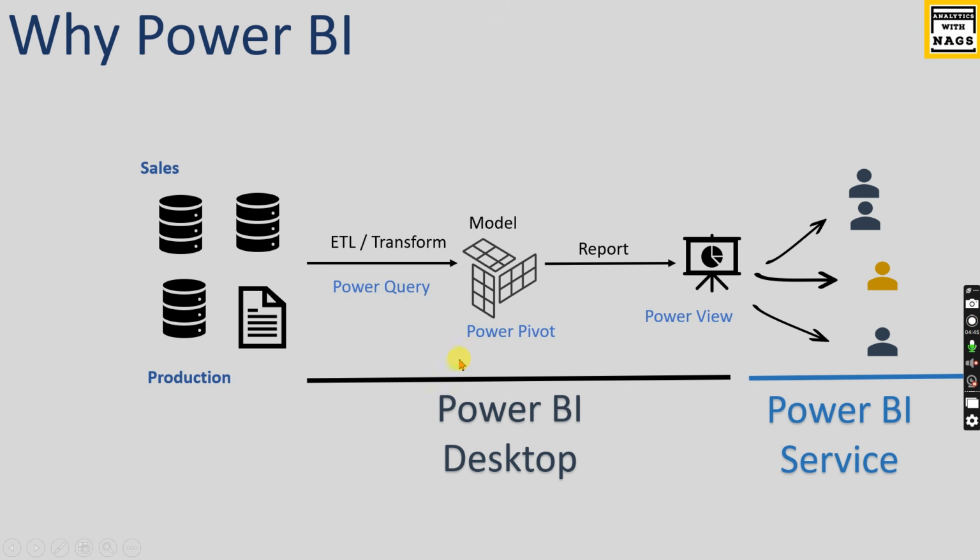So you can do your cleaning and other stuff in Power Query, then keep it as a source for your Power Pivot. Once Power Pivot creates a model, then you create a report. So these 3 were acting as standalone products.